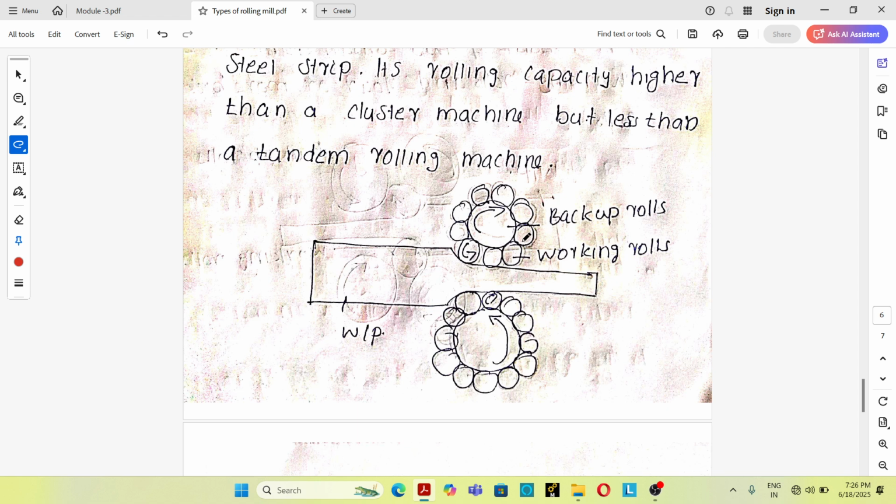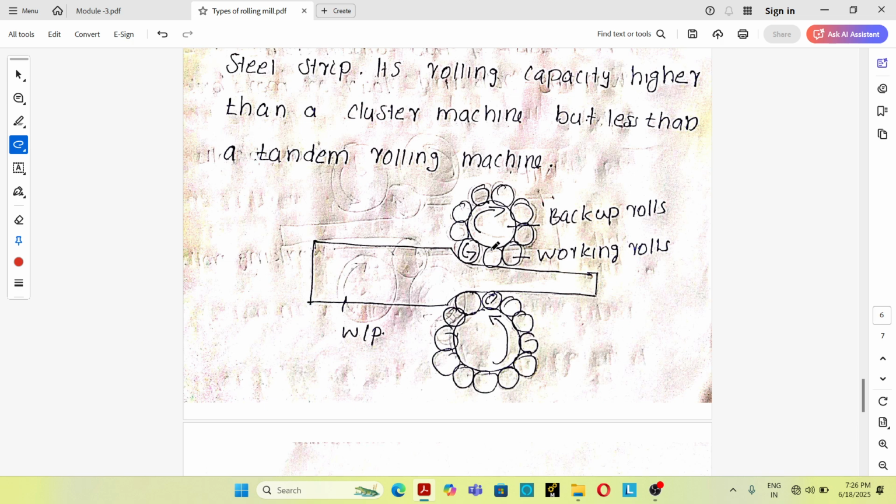Each planetary roller gives a continuous reduction during the rolling process. So this configuration consists of large backup rollers surrounded by small working rollers, and each roller will give a continuous reduction in size during the rolling process.